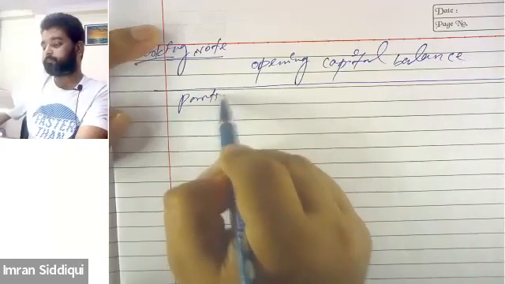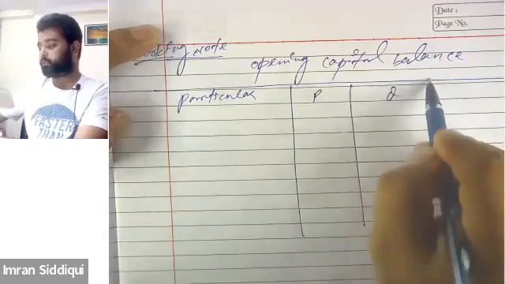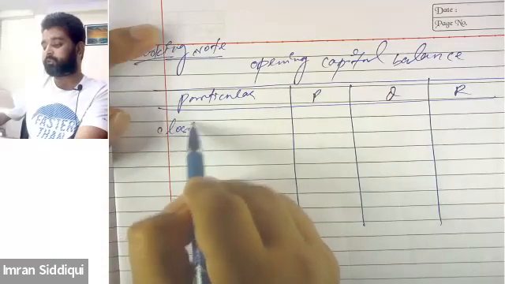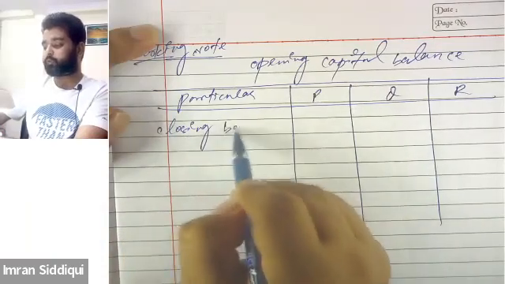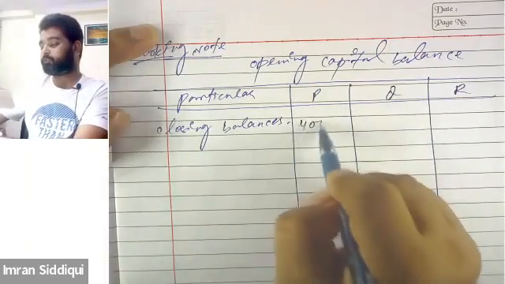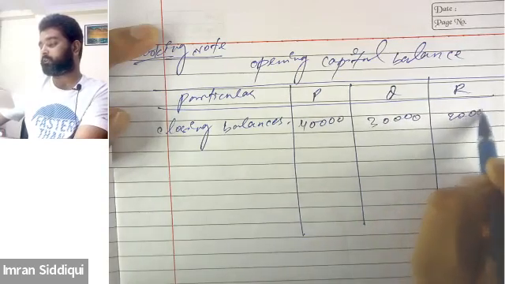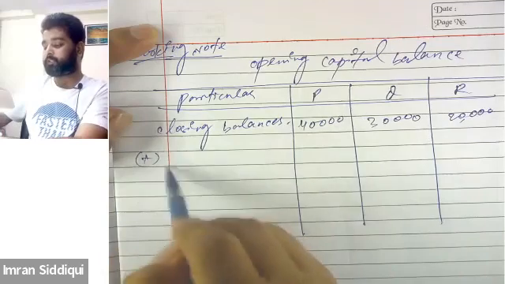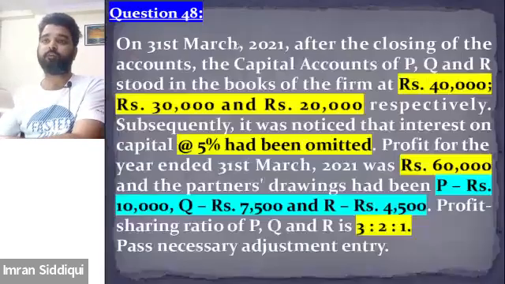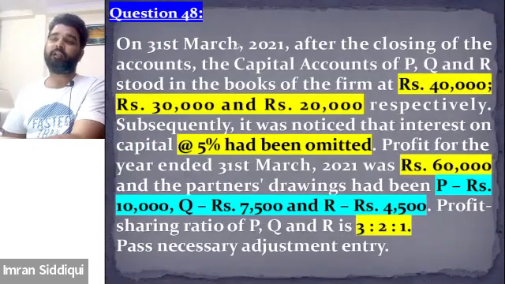First of all, let me make the format of it. Particulars: P, Q, and R. First, we'll write down the closing balances of the partners that are given in the question: 40,000, 30,000, and 20,000. Then to this amount we will add the drawings. The amount of drawings is also given in the last section of the question, highlighted in blue.